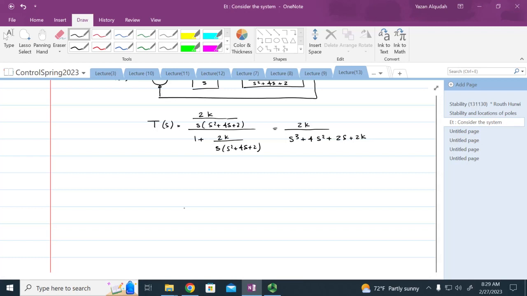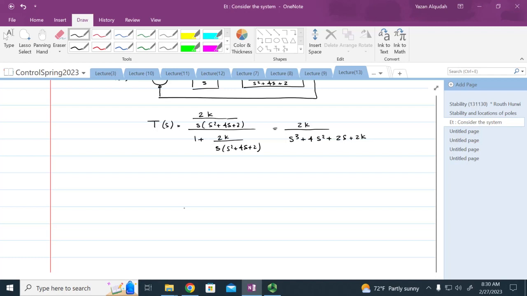No, the stability is not related to the input. Keep that in mind, that's a key point. The stability is a characteristic of the system. It has nothing to do with the input. The input is always assumed to be bounded. Does that make sense?